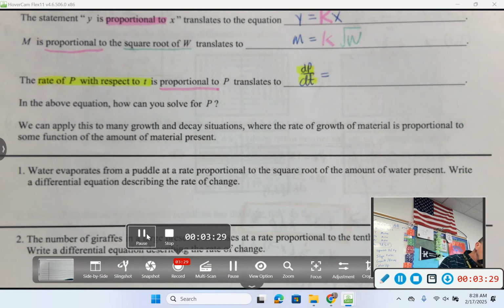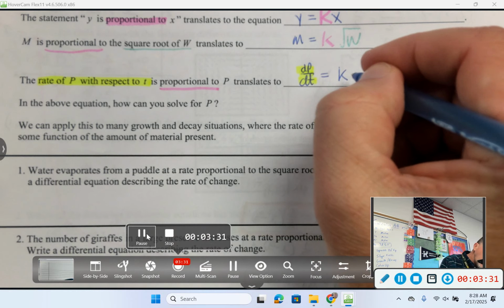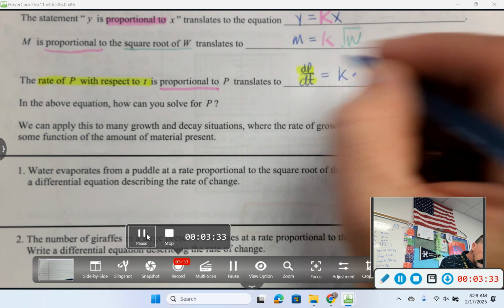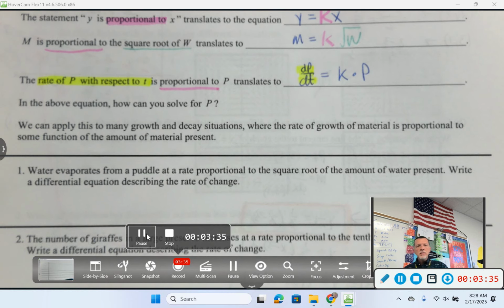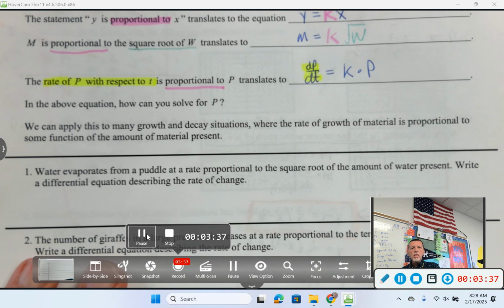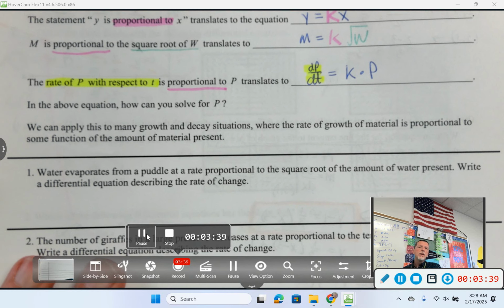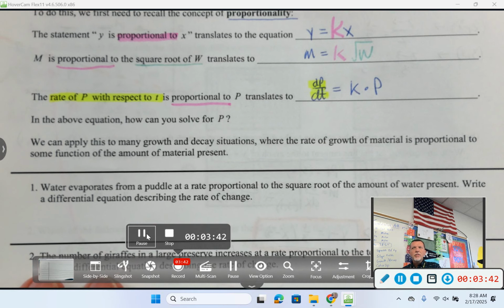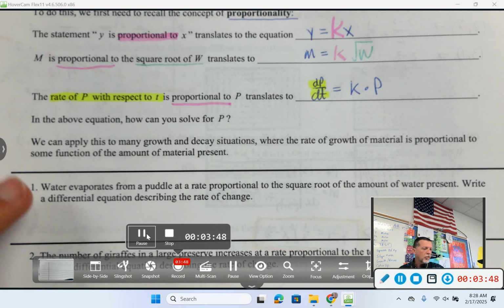Is proportional to, so equals k times p. Again, I think 2 questions on the test are like the first 5. It's just not solving, just setting it up, just writing.